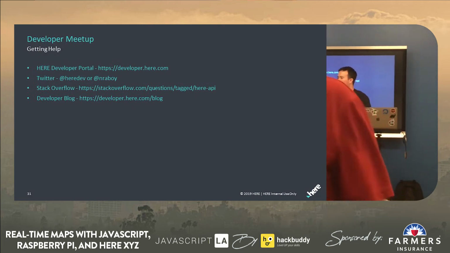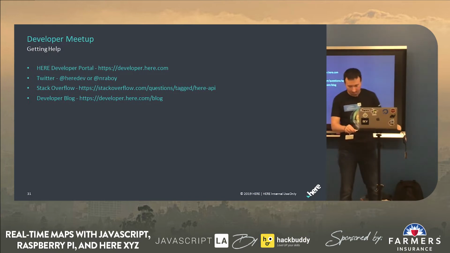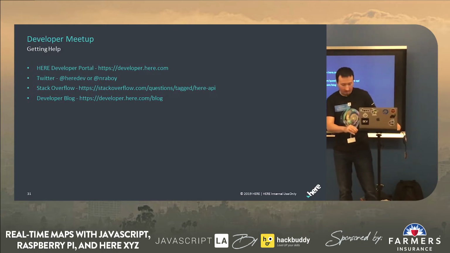Which map did you use? Did you guys create your own maps? Yeah, HERE creates its own map. They have a fleet of LiDAR cars around the world that are collecting map data. These are LiDAR cameras on the vehicles that HERE owns.